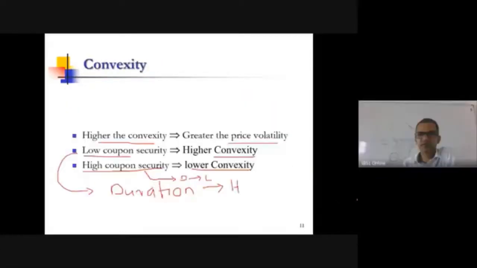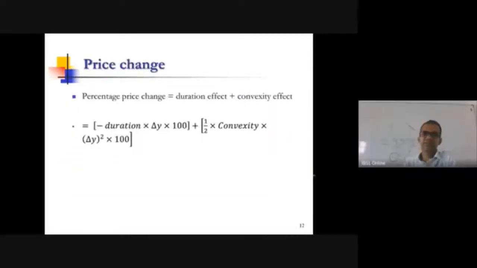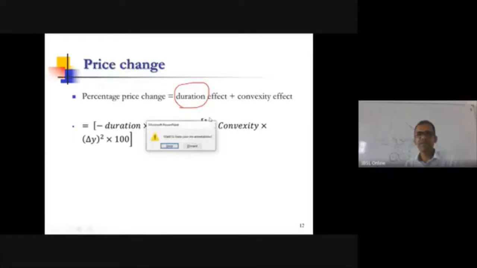Okay. So then, how do we use this duration and convexity to estimate the percentage price changes? Earlier we used only the duration to calculate the change in price.